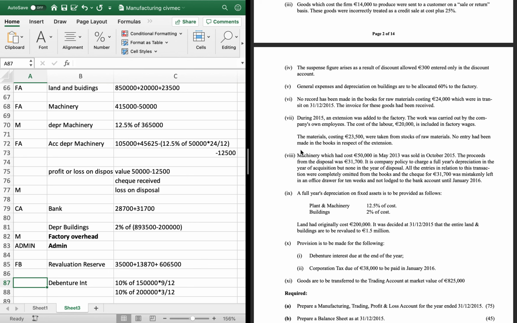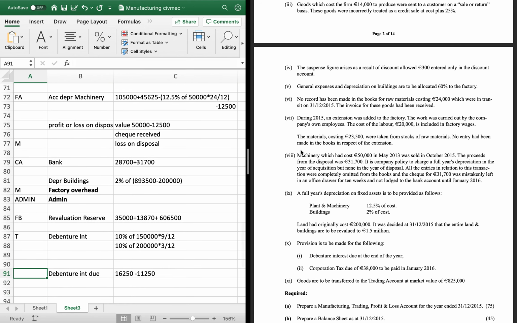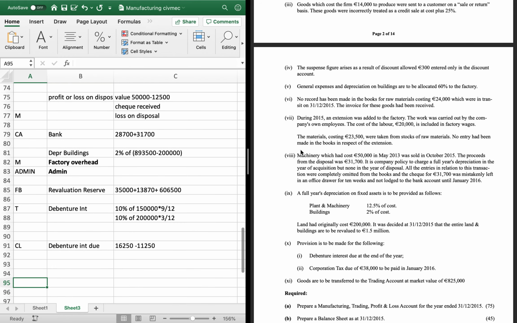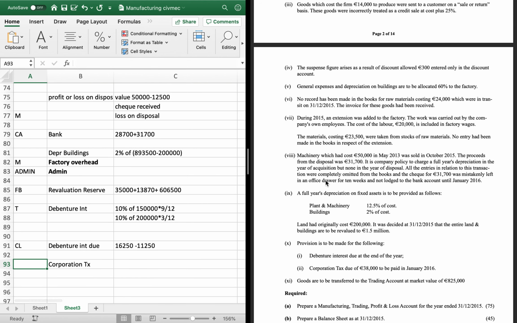Debenture interest in its normal spot in the trading, in the profit and loss in effect. Debenture interest due is a current liability. And again, I'll just write my corporation tax to keep things easy for you. Corporation tax of 38,000. That is because it hasn't been paid yet. It's due, so the full amount is in the trading, and it also goes as a current liability.